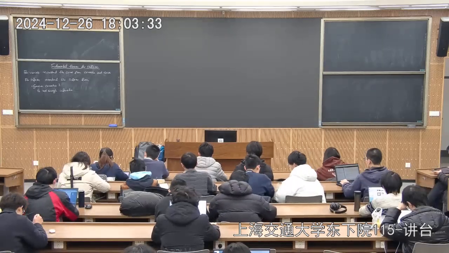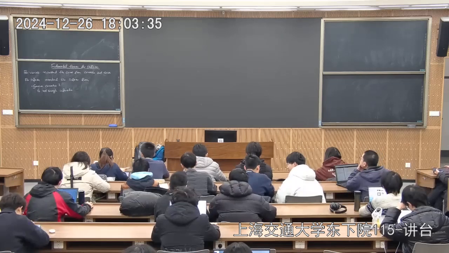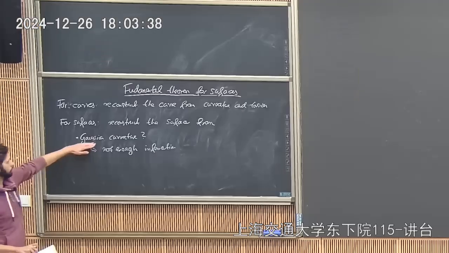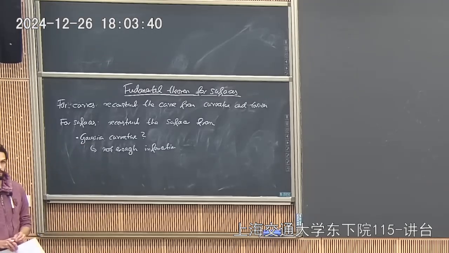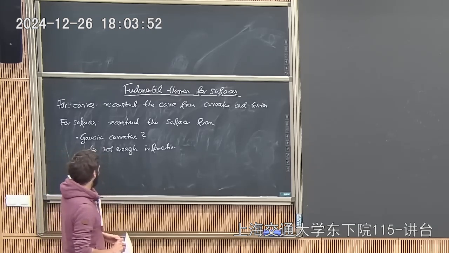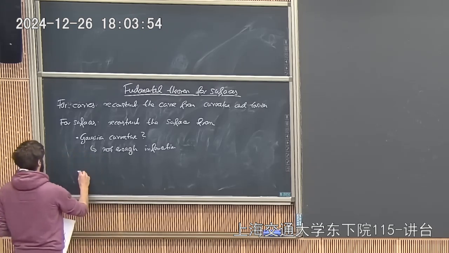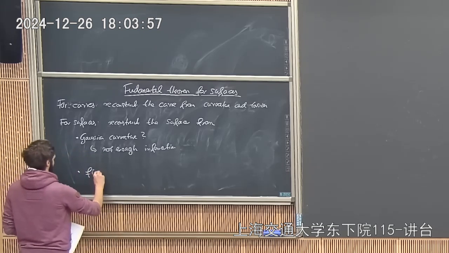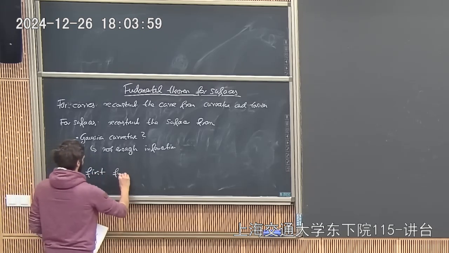Does someone know a counterexample where it's not enough information to specify the Gauss curvature? Does someone have an idea? What about you? Okay, that's the second one, okay. So it's first fundamental form.